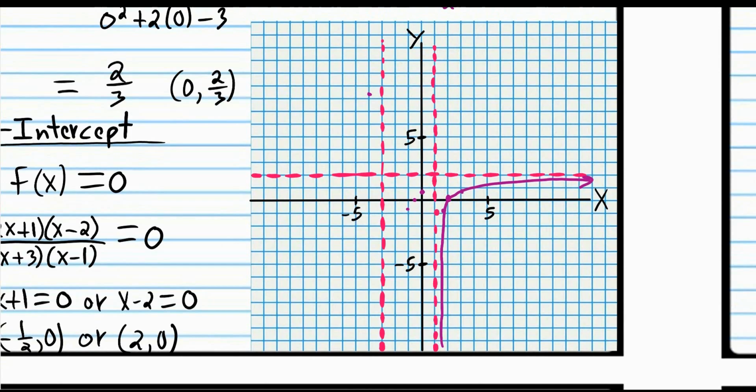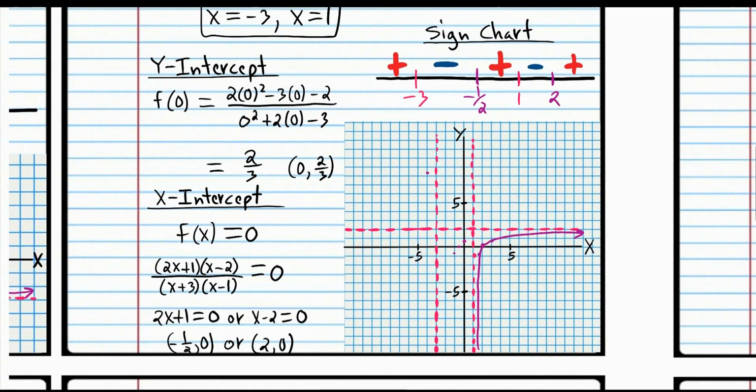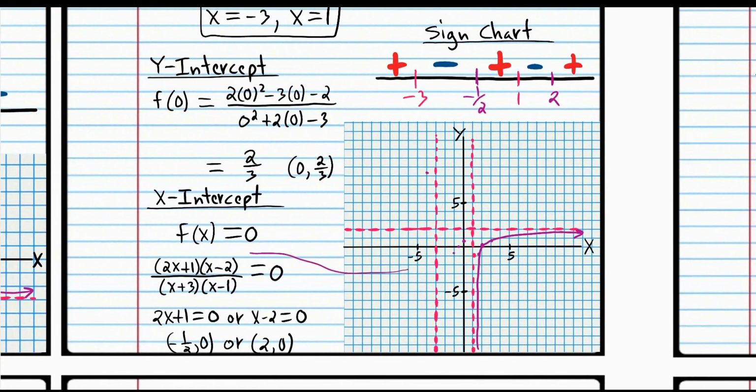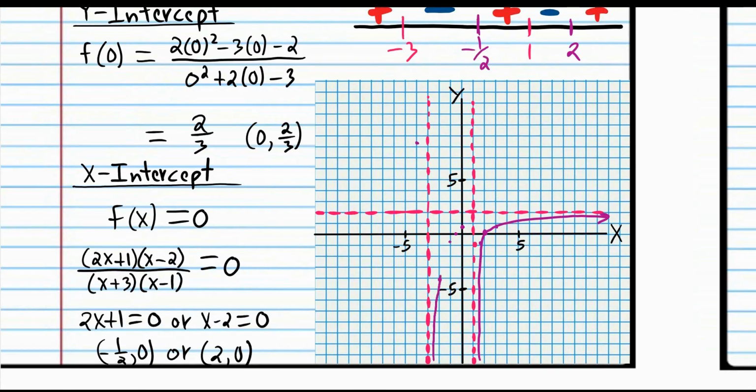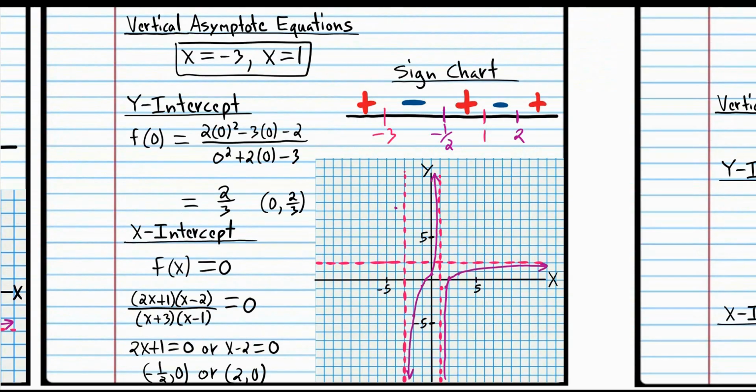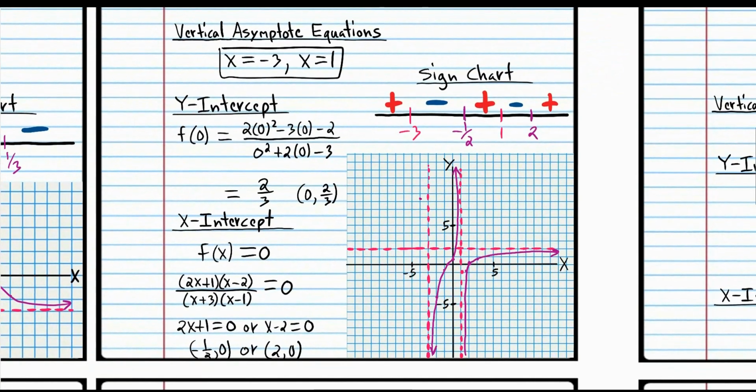Okay, and let's try plugging in -2. We get -3 times -4 over 1 times -3. And that gives us -4. Connect the dots. Okay, and let's find some more points to the left.